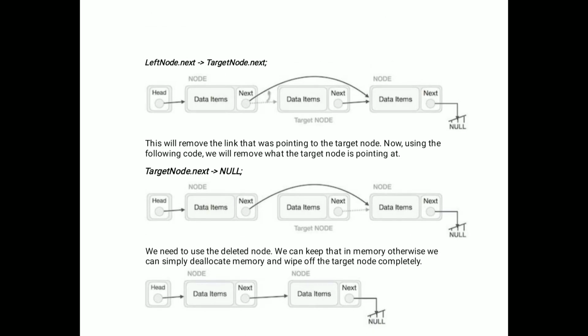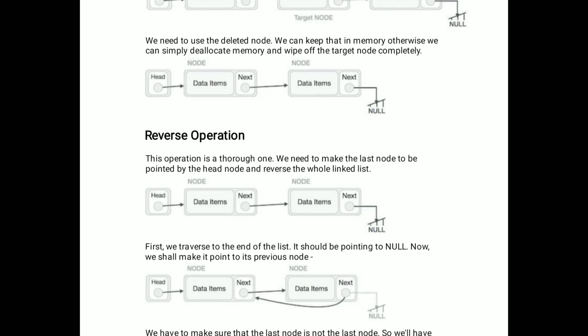Suppose the head node points to the A node, the A node points to the B node, the B node points to the C node, and the last node is the null node. Here I want to delete the node C. For the deletion operation, we can keep the deleted node in memory, or we can simply deallocate memory and wipe off the targeted node completely.